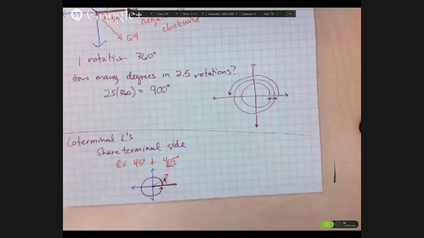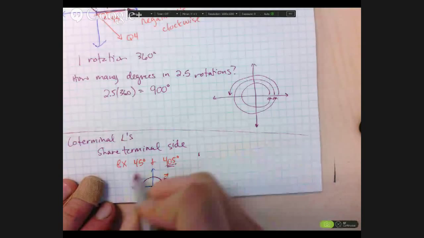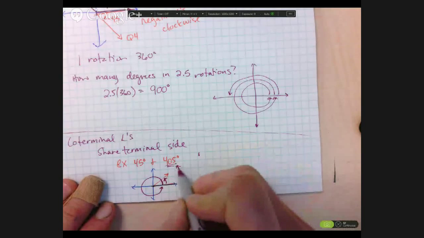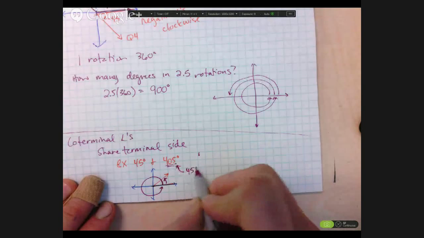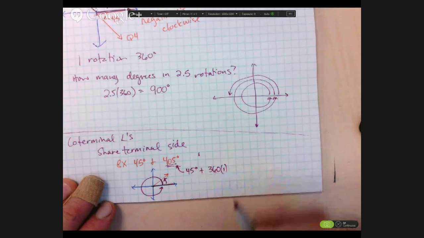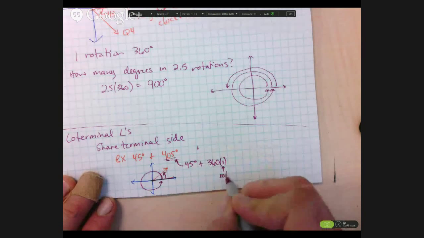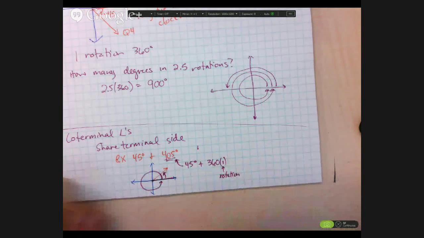So what you're looking at is this one is 45 degrees plus 360 times 1. Well, that's what it is, right?